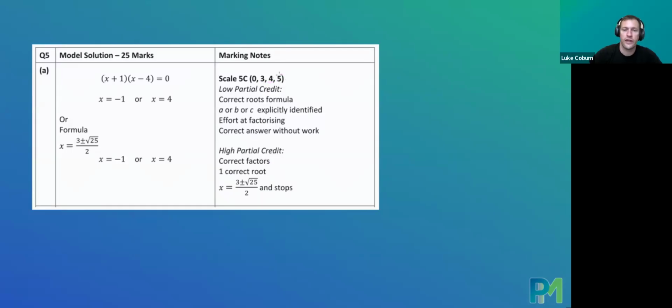Now, what some students do is they think in a black and white kind of way. They think like in maths, you're either right or wrong, so you're either going to get 5 marks or you're going to get 0 marks. And they might be doing a question and go, oh, I did that question wrong because I didn't get to the 5 marks.